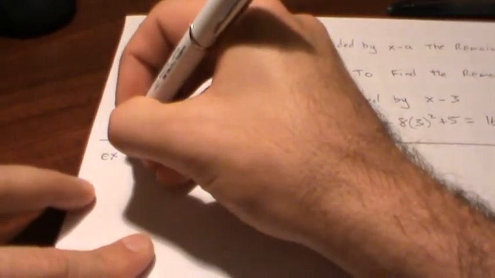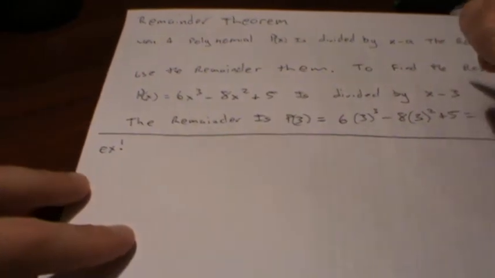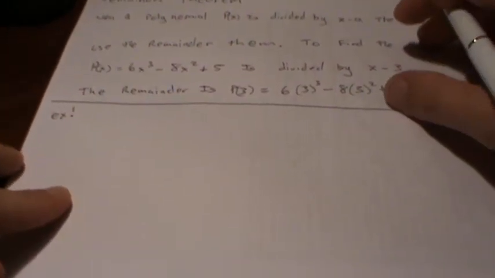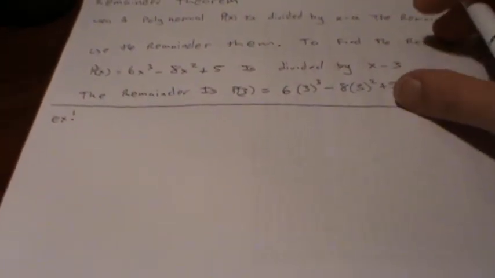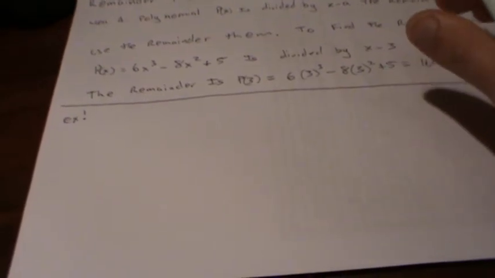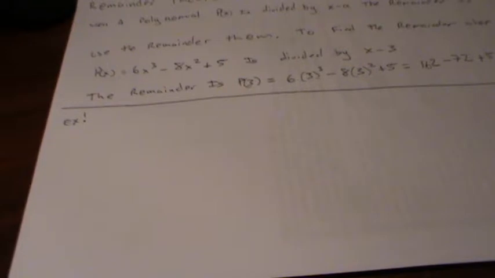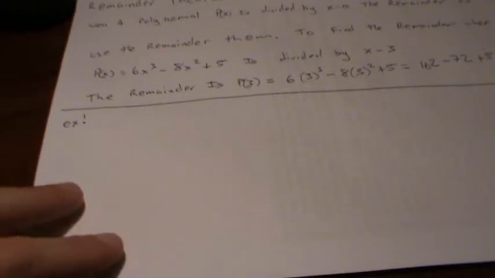Another use of the remainder theorem. Example: this one will probably, both of these definitely are going to show up on a test of some sort. Let's say I've got a polynomial.